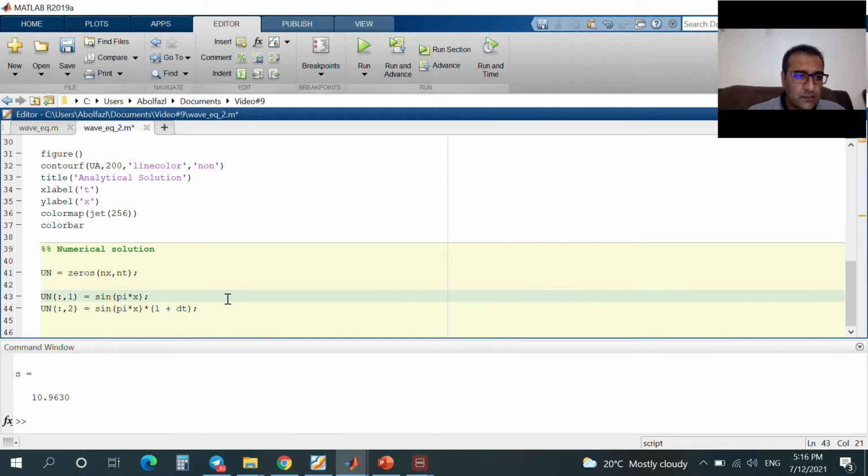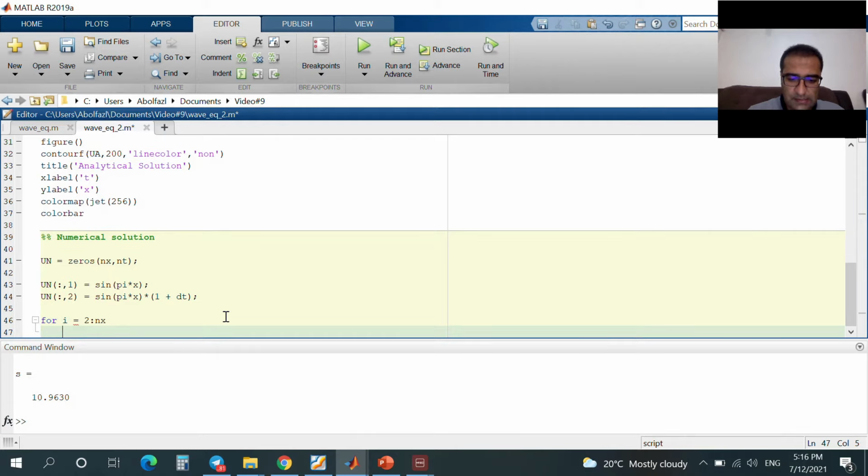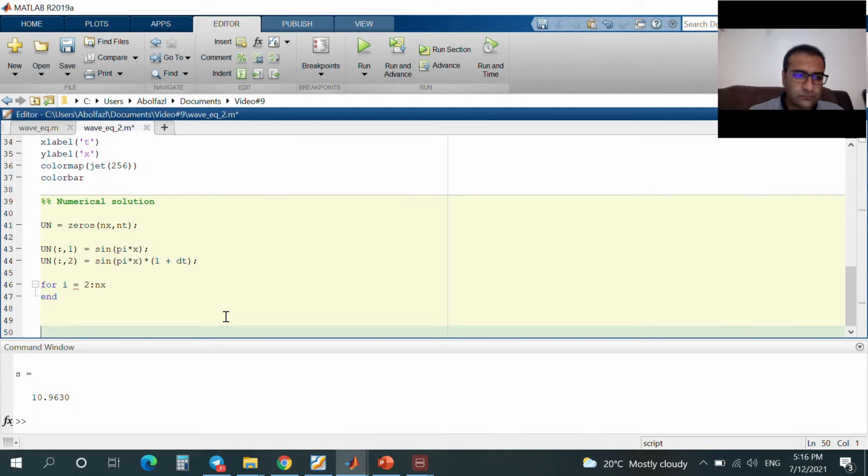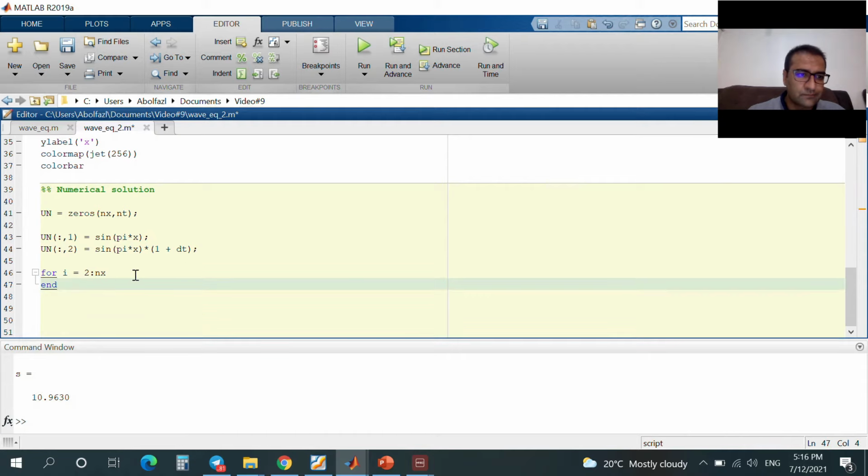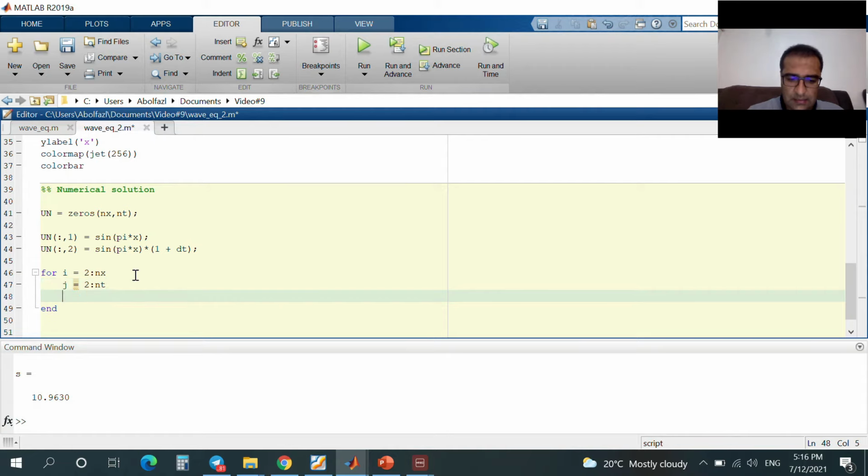And again, using two loops, i should change from 2 to nx, I think, and j should change from 2 to nt.